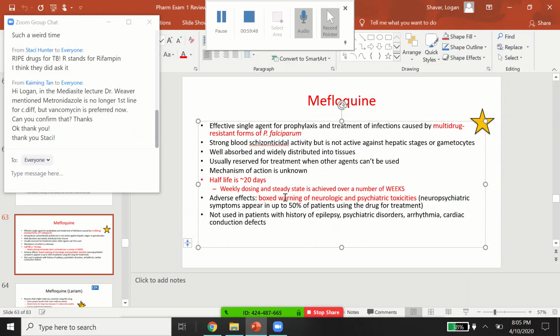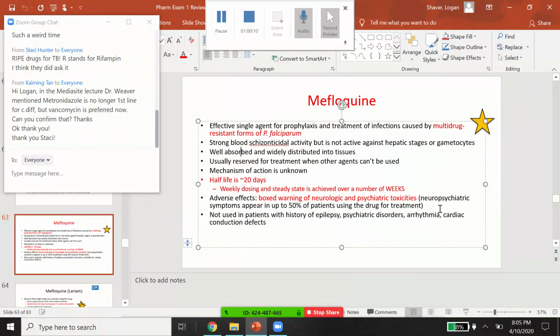Half life is about 20 days. And so, with that in mind, you have weekly dosing and steady state is achieved over a number of weeks. So it takes a while to have that effect that you need for protection against malaria infections. Adverse effects. So it's got a box warning of neurologic and psychiatric toxicities.